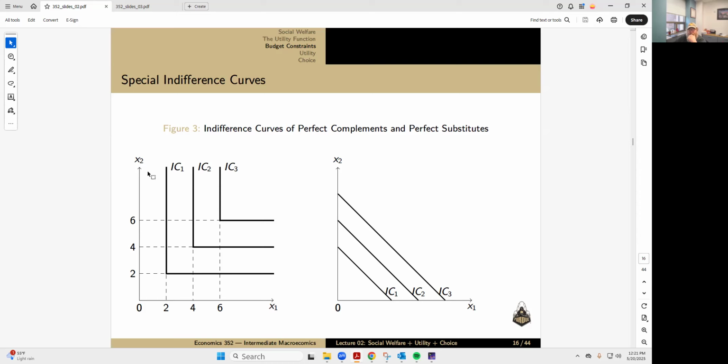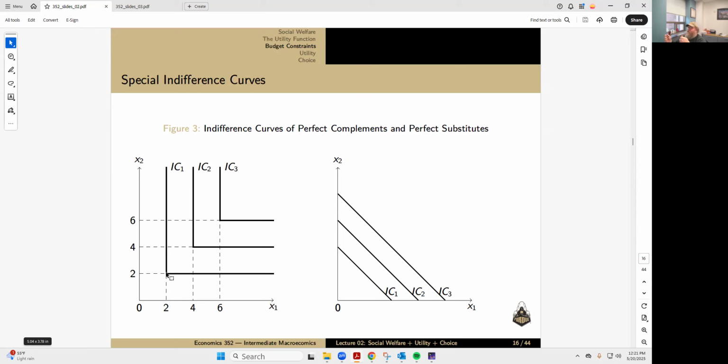For example, if the two goods in question are perfect complements, then the indifference curves look like this to the left. Notice that the idea of perfect complements is that if I get one more unit of only one of them, I don't get any happier, because I am only able to consume units having both of them at the same time.